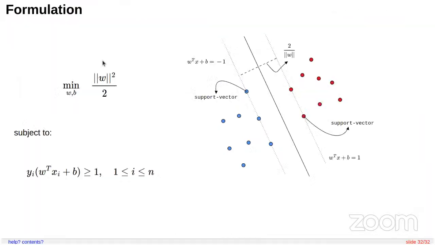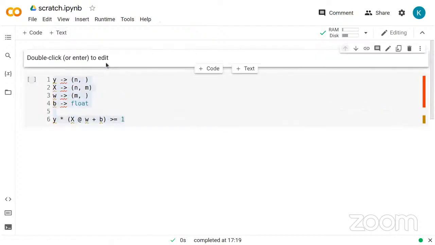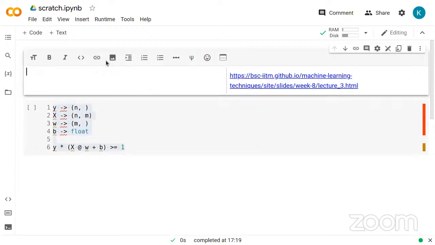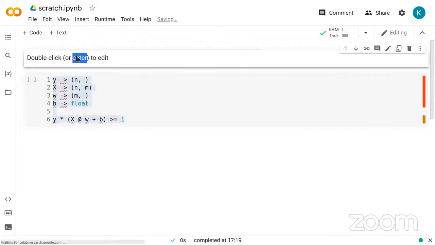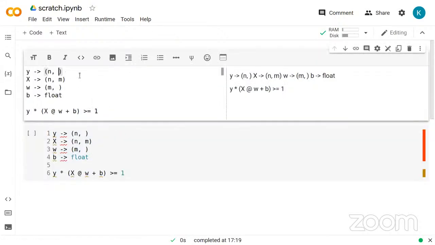Okay, I'm basically trying to express these n constraints in the form of a single numpy expression. So my y label vector is going to be of size n, as there are n data points.